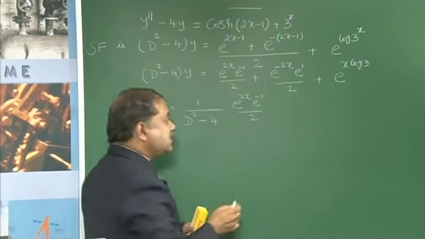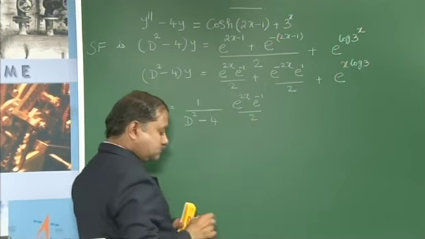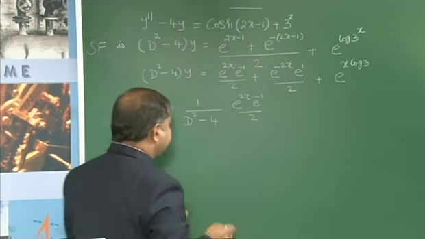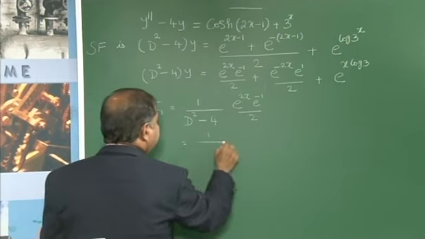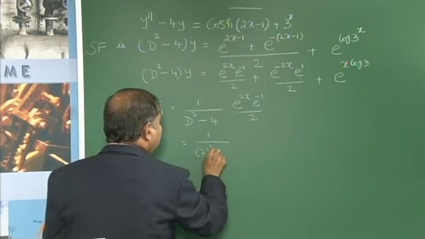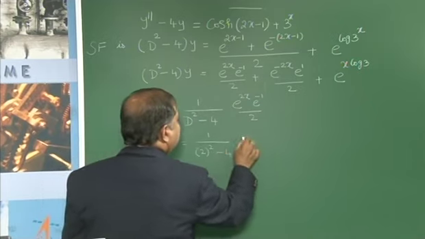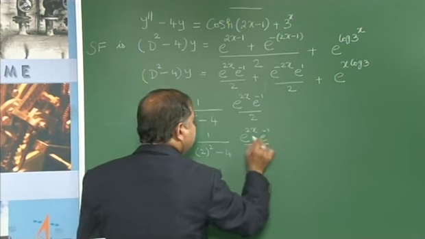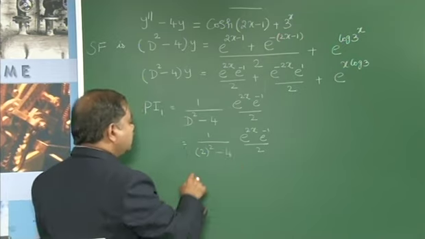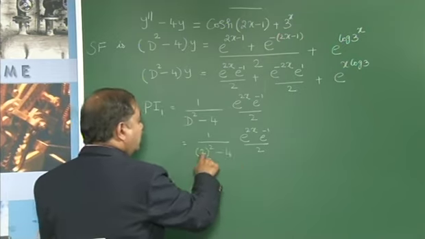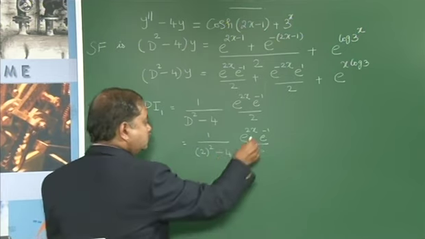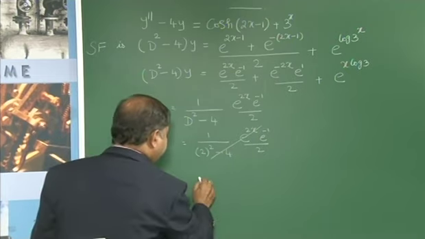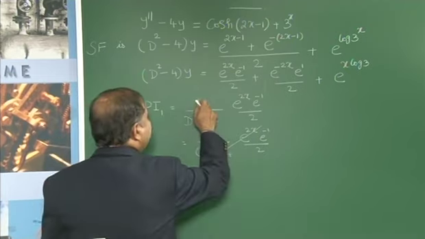We have the right hand side e power 2x, e power ax, replace D by a. So a value is 2, 1 by 2 squared minus 4, e power 2x e power minus 1 by 2. What is happening? 2 squared will become 4, 4 minus 4 will become 0. I said put a cross, do not consider it. That is the meaning. Multiply by x here.